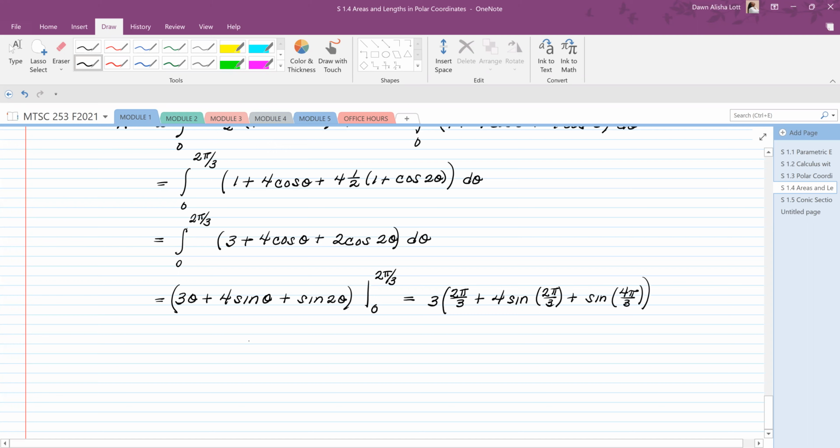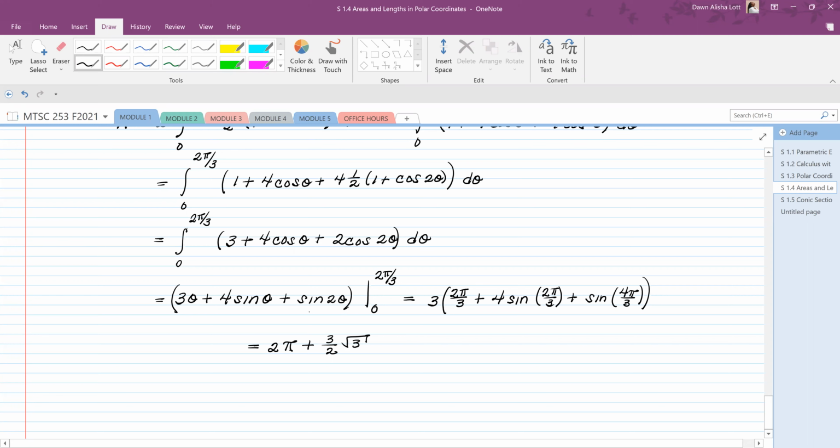And when I'm done, that turns out to be 2 pi plus 3/2 the square root of 3. Okay, so that's what I get when I simplify that.